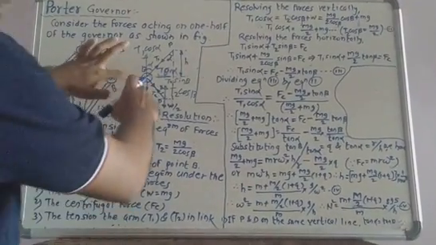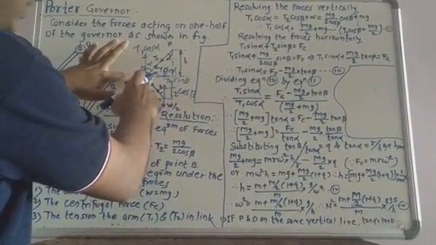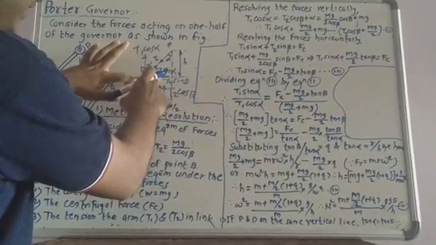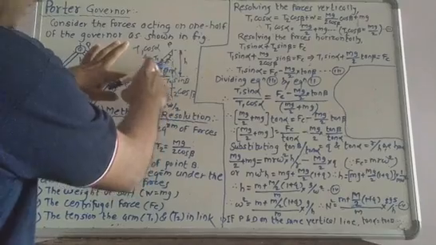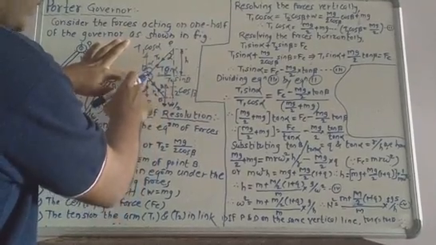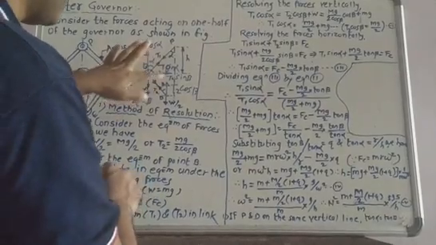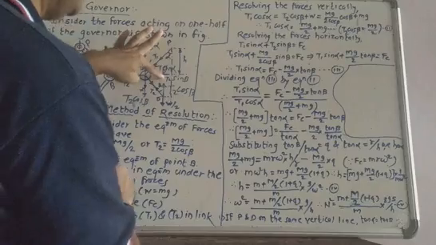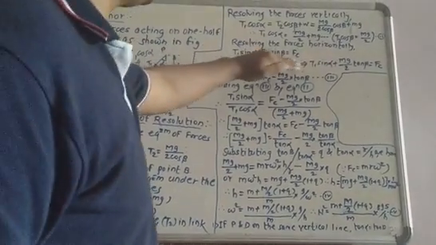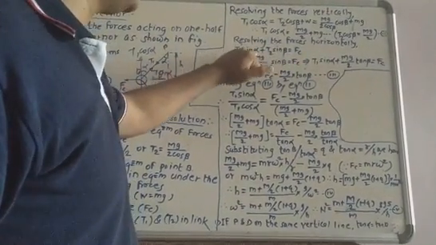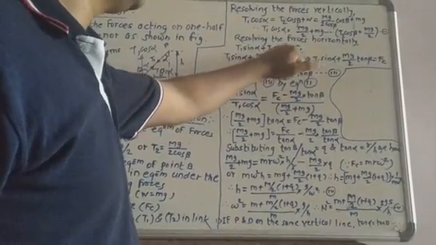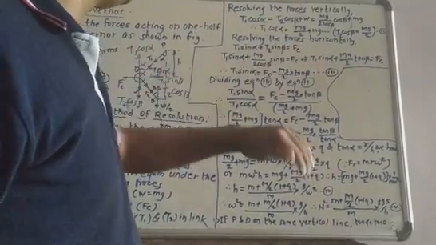Now resolving the forces in horizontal direction by considering B as center point. Now focus only on the horizontal forces. The two components here are T1 sin alpha and the horizontal component of T2, T2 sin beta. So you can get the equation: T1 sin alpha plus T2 sin beta equals Fc.